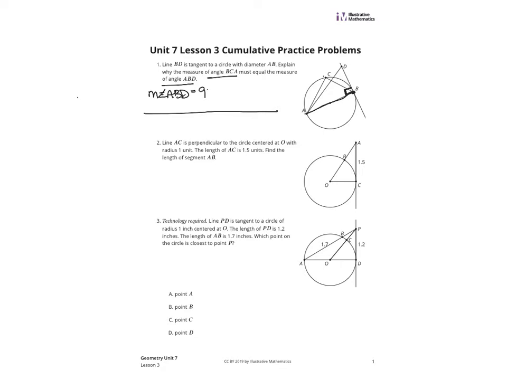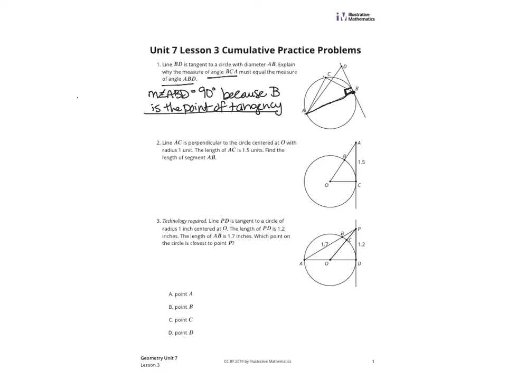So I know that this is a 90-degree angle, between my tangent line and my radius or diameter.